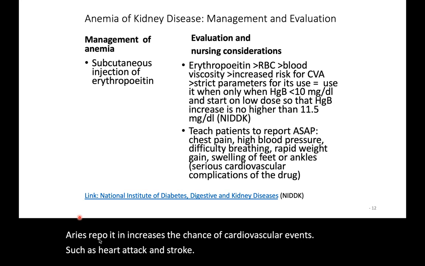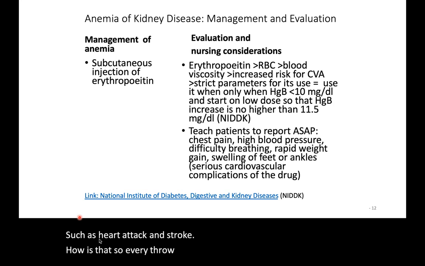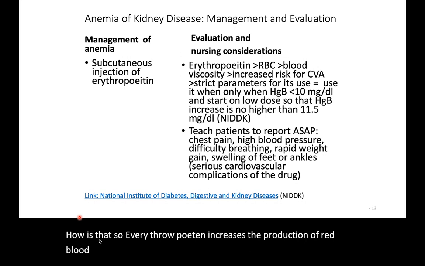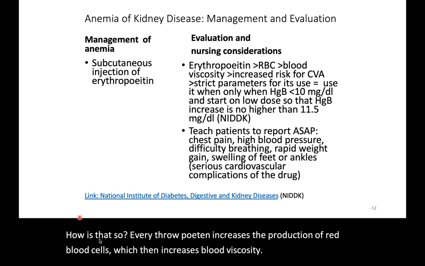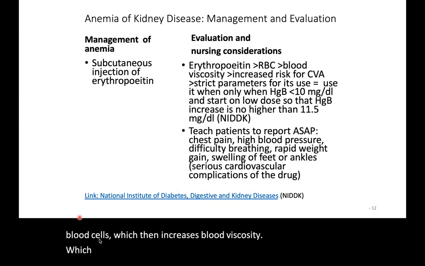How is that so? Erythropoietin increases the production of red blood cells, which then increases blood viscosity, which increases the risk for stroke.